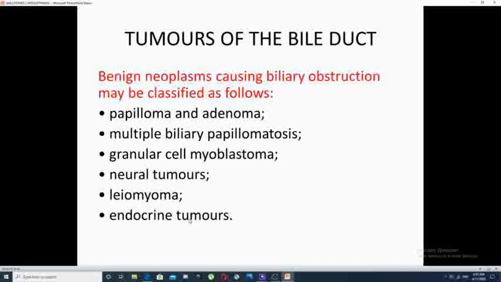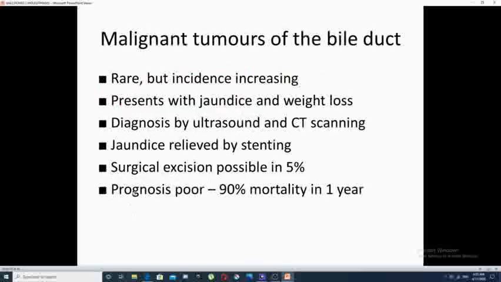Tumors in the biliary ducts. Benign neoplasms occur in the biliary duct with biliary obstruction, like papilloma, adenoma, multiple biliary papilloma, granular cell myoblastoma, neural tumor, leiomyoma, and endocrine tumors. Also malignant tumors of the bile duct are rare.